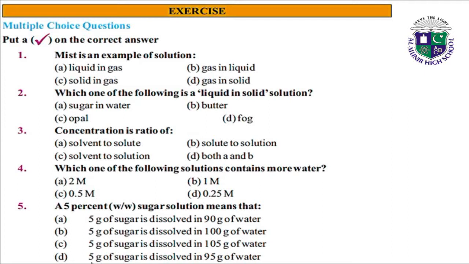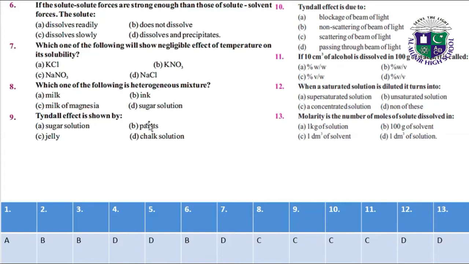The correct answer is 5 grams of sugar is dissolved in 95 grams of water. Next student, number 6, if the solute-solute forces are strong enough, then those of solute-solvent forces, the correct answer is B, does not dissolve.